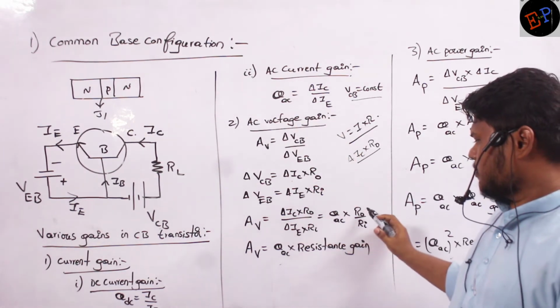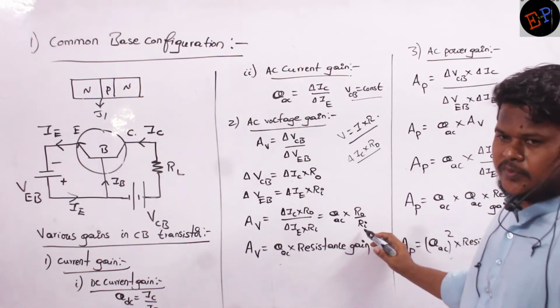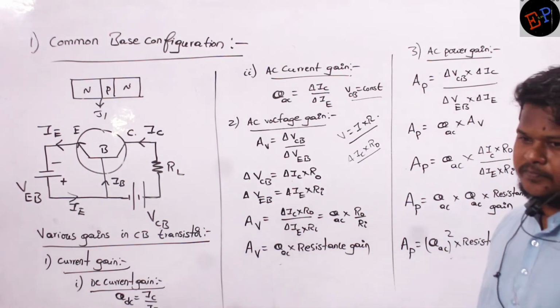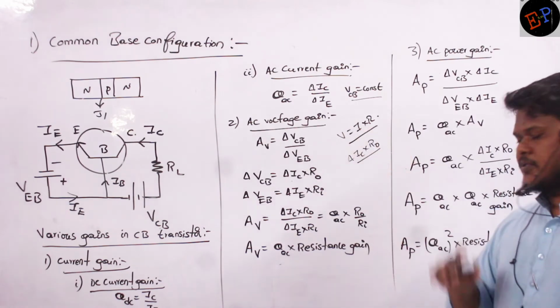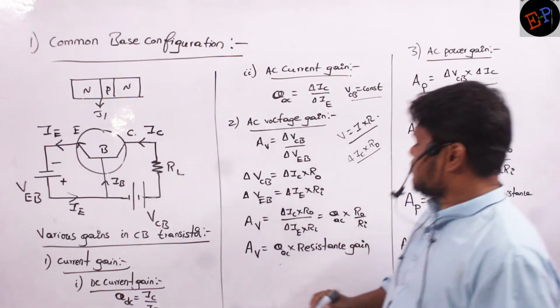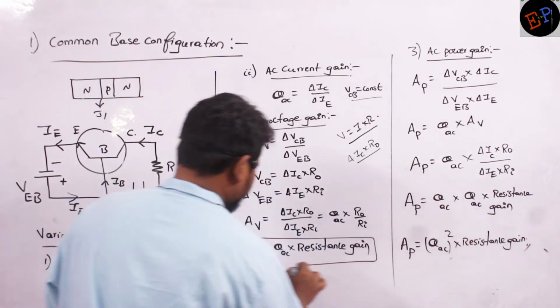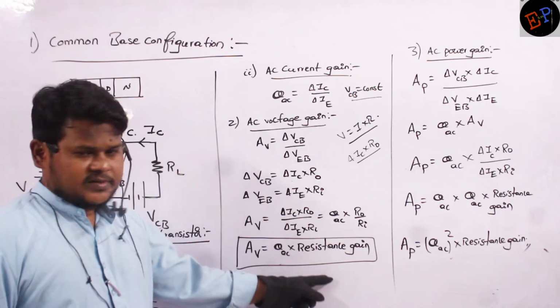So alpha multiplied by R0 by R input. Output resistance by input resistance is called resistance gain. Current gain, voltage gain, resistance gain. So this is another very important equation to calculate voltage gain.